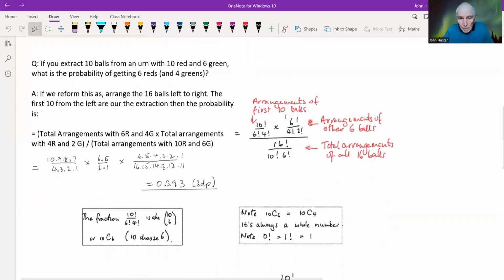So basically we just work all this lot through here, and there's quite a lot of cancellation goes on. Then essentially that's it. The probability is 0.393 to 3 decimal places. That's quite a tricky problem actually. But I think it's quite important that you understand that line of thinking. If I'm perfectly honest, I wouldn't worry too much about it.